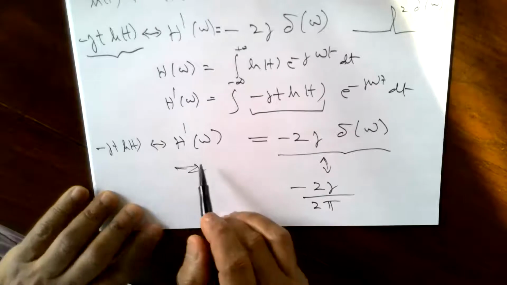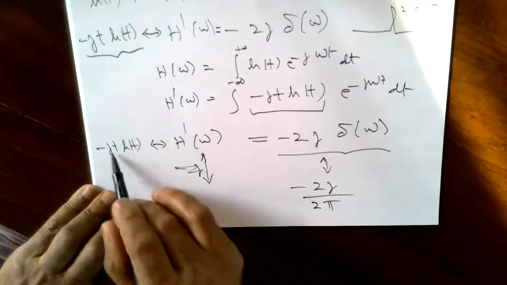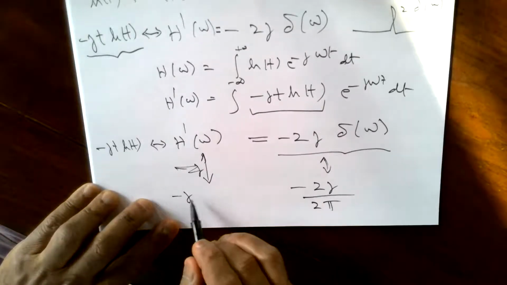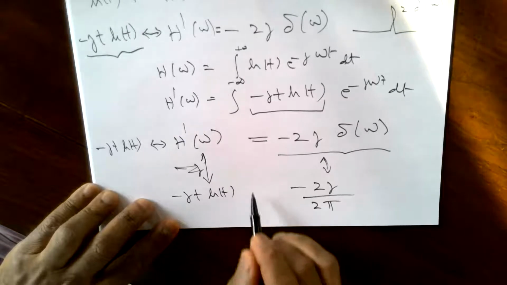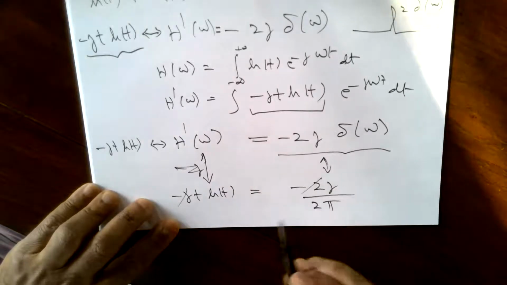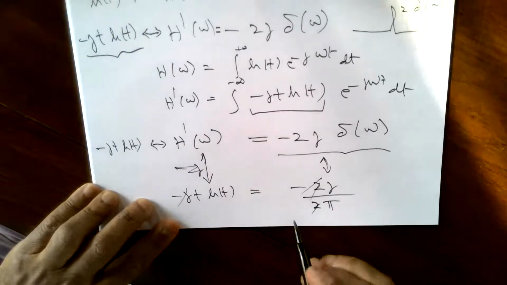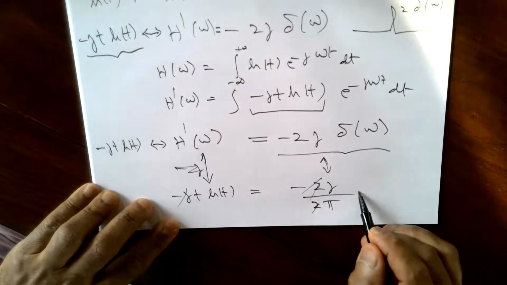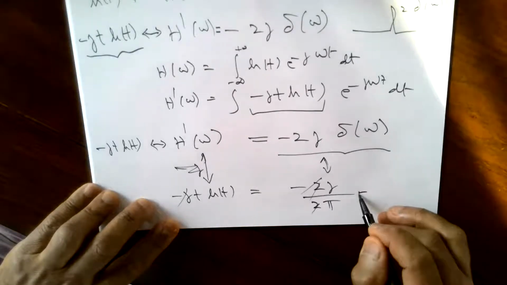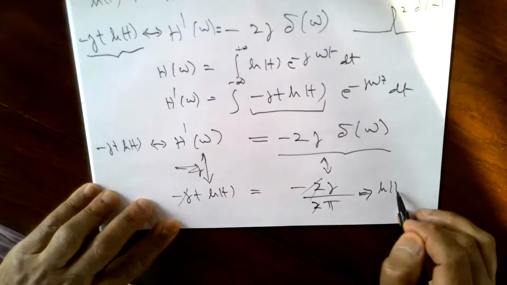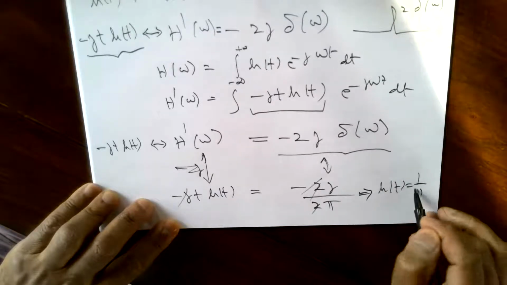And similarly, the inverse transform of the other side is minus jt h(t). So I can equate these two quantities. Minus j cancels, 2 cancels. So you get h(t) equal to 1 over πt.